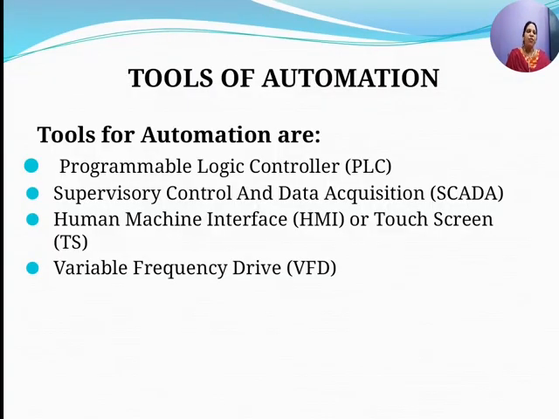So the tools of automation are, there are different tools which are used for industrial automation. They are programmable logic controllers, PLCs, supervisory control and data acquisition, that is called SCADA, human machine interface HMI or touch screen TS, and variable frequency drives, VFDs.